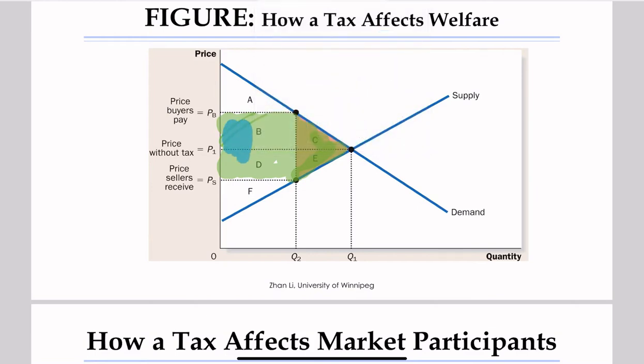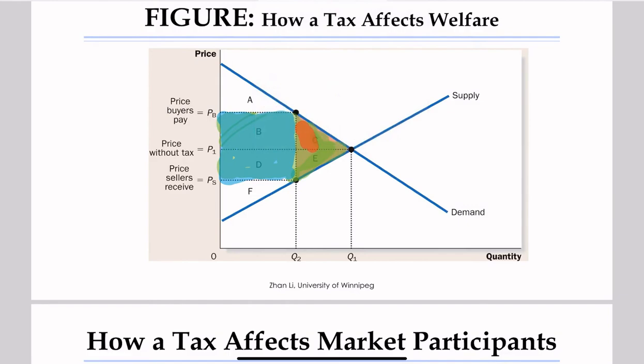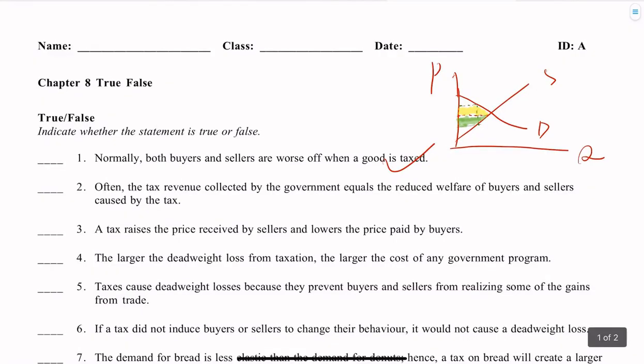It's this blue area, right? So clearly you can see that the total loss from consumer and producer welfare is larger compared with tax revenue. That's why in the end you will have this triangle as the deadweight loss, right? Okay, clearly this statement is not correct.